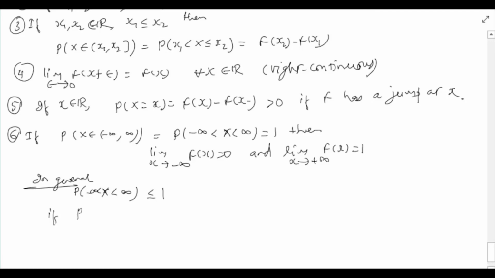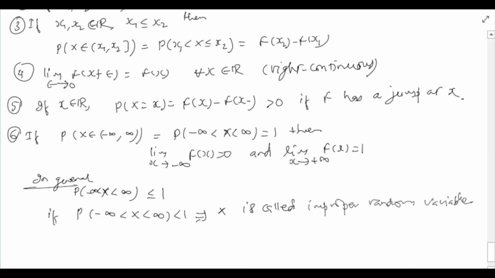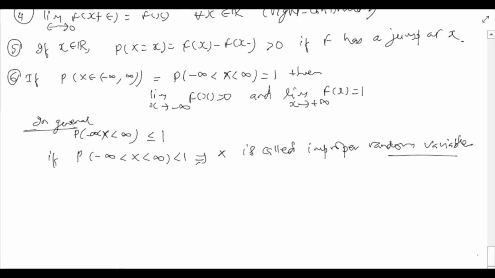If it is less than 1, then X is called improper random variable. However, we will restrict ourselves to proper random variables. So for us, probability of X being finite will be 1.